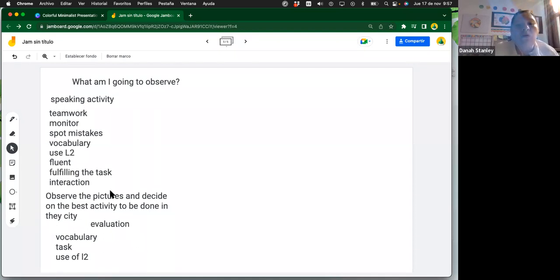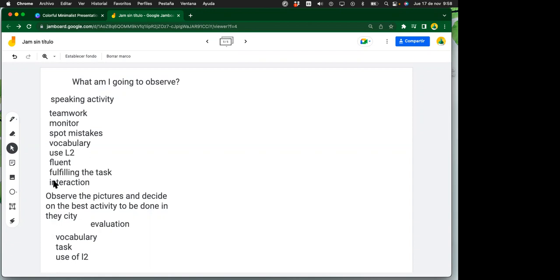And then how would you check and give feedback in this activity? A ver, Miss Susan, how do you provide the feedback? Well, after I give the instructions and I monitor the students, what I do is I go to each of the teams. I listen, I observe, I sometimes make corrections on the pronunciation.